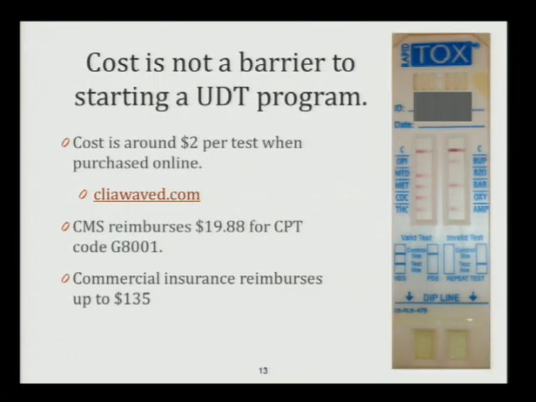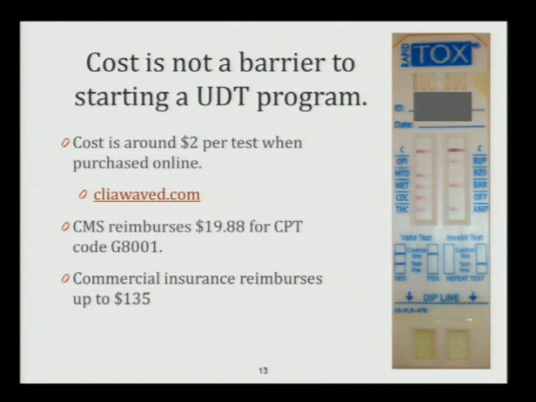This is a real test from my office, and I like this CLIA-waived website. You can buy tests there for about $2 in quantity. CMS, last I looked, was reimbursing around $20. That's what we charge cash patients for it, so it's not a barrier to care. And commercial has paid quite a bit more for it.